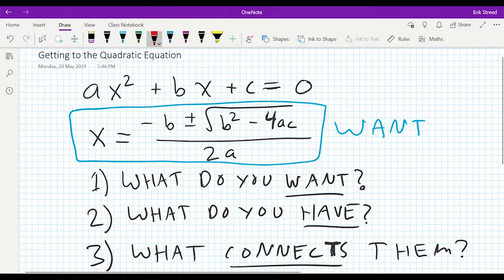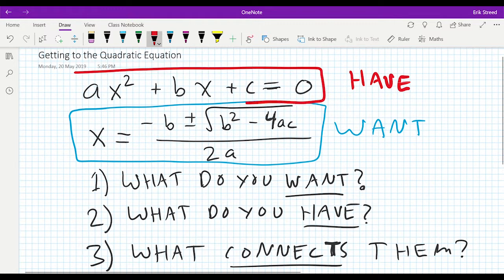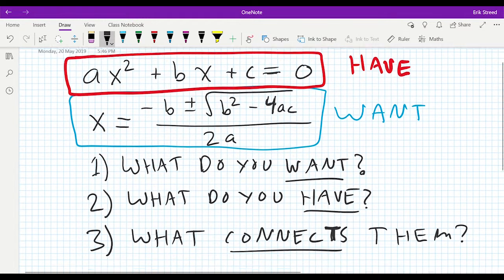It doesn't tell you the answer, but if you happen to cross the answer, or if you're working hard and you come across the answer, you want to be able to identify, is this the answer? Can I test if this is the answer? The second part of this is, what do we have? So for some problems, we don't start with very much. In this particular case, we've got a quadratic equation that we've set to 0. And so finally, we want to know what connects them.